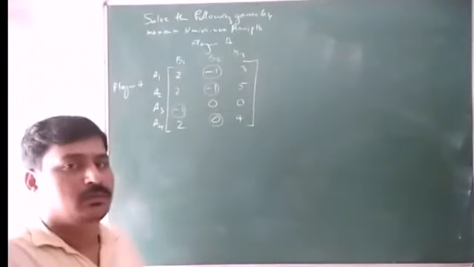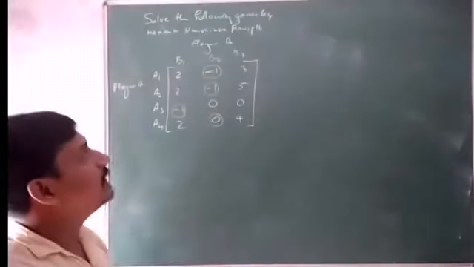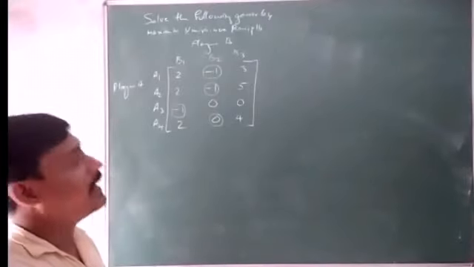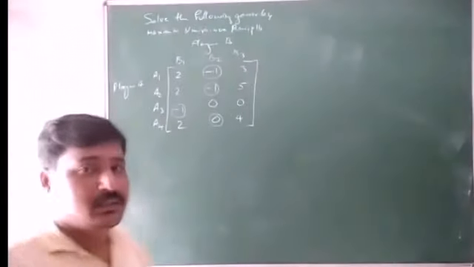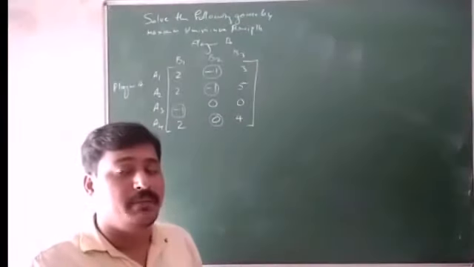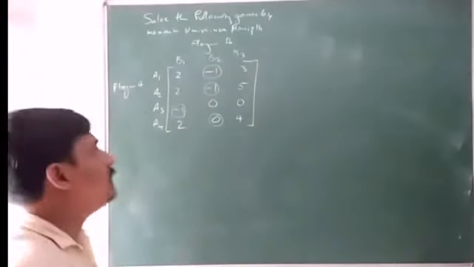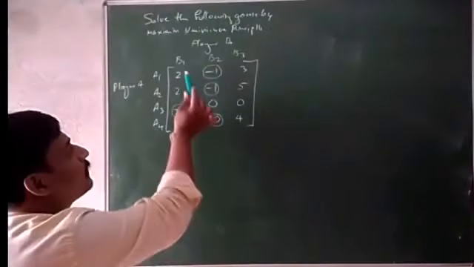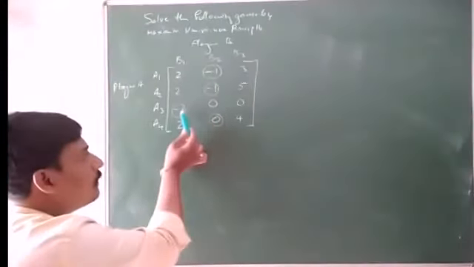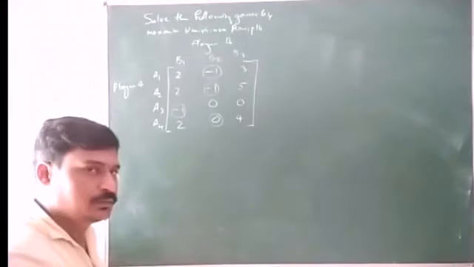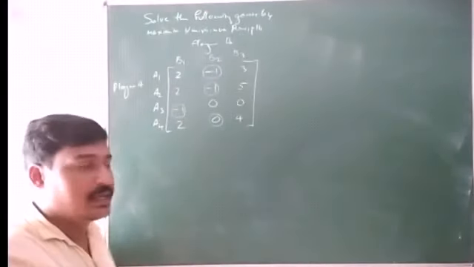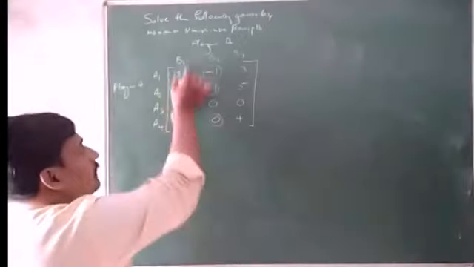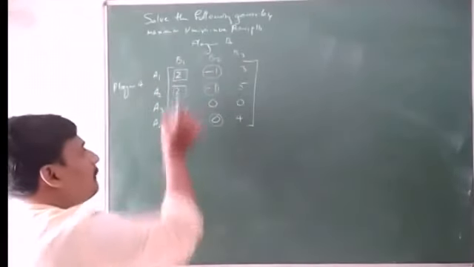Now next, minimax. Minimax means minimum of column maximums. So we have to find column maximums first. First column, 2, 2, -1, 2. So column maximum is 2, and there are 3 of them.